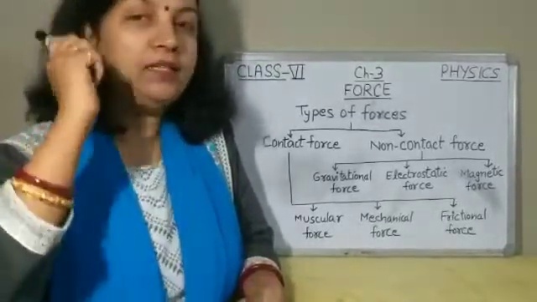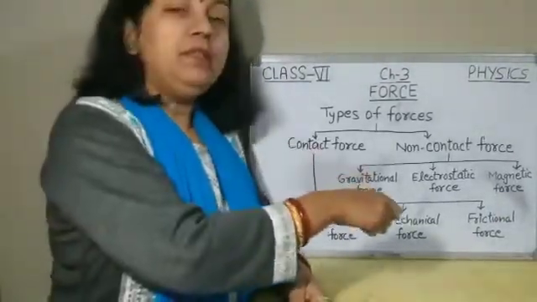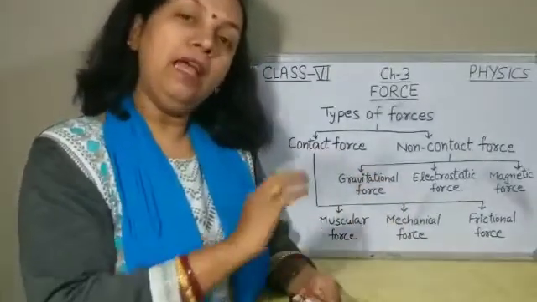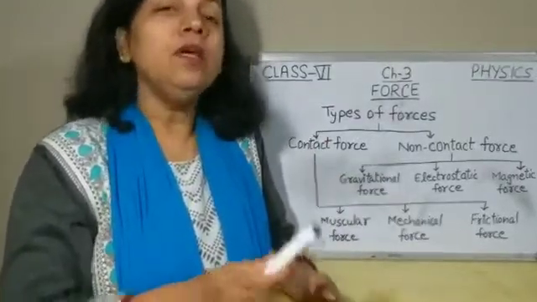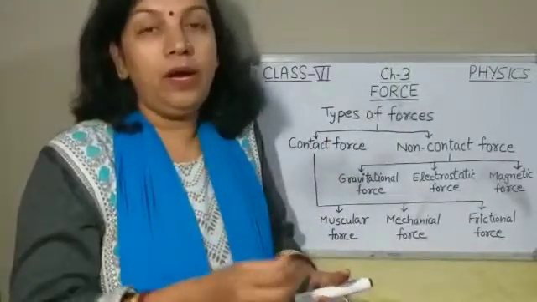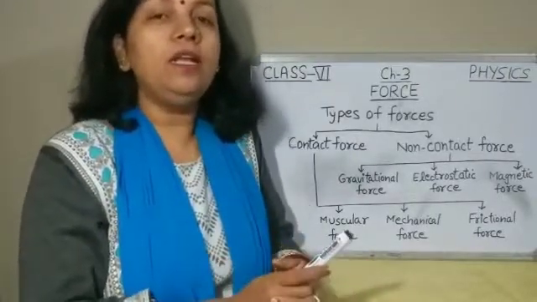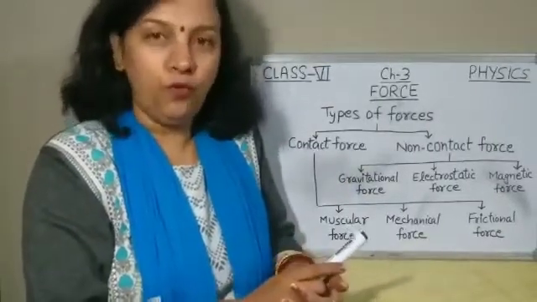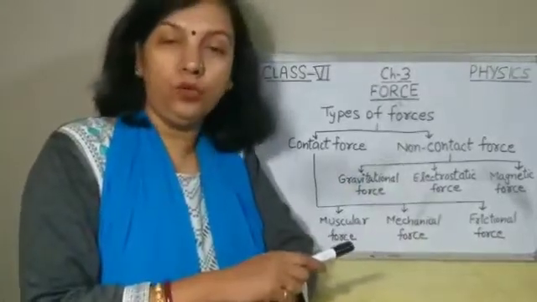Now rub that plastic comb against your hair and keep it near those small pieces of paper, and it will attract those small pieces of paper because in this process it acquires some charge. So this is called electrostatic force.